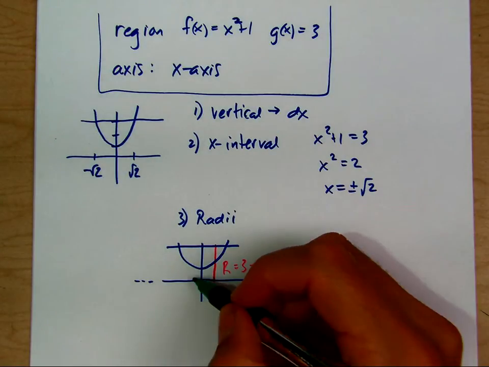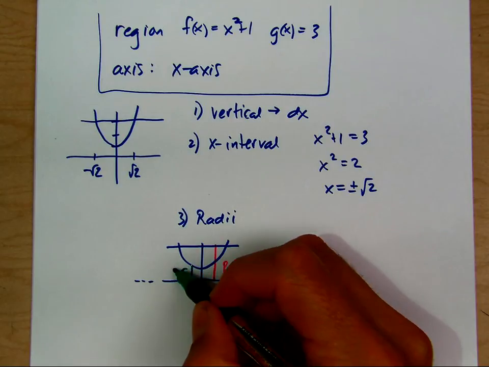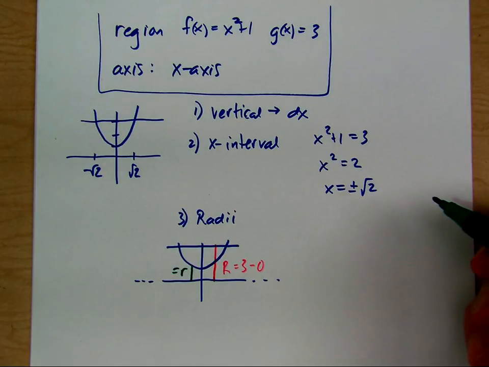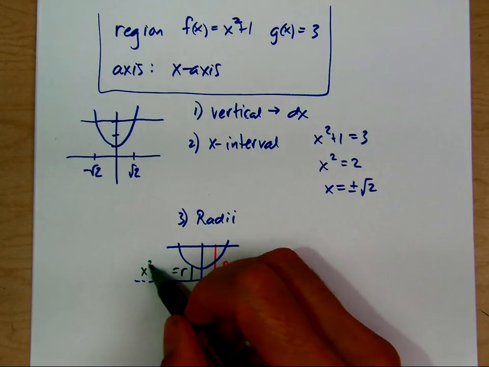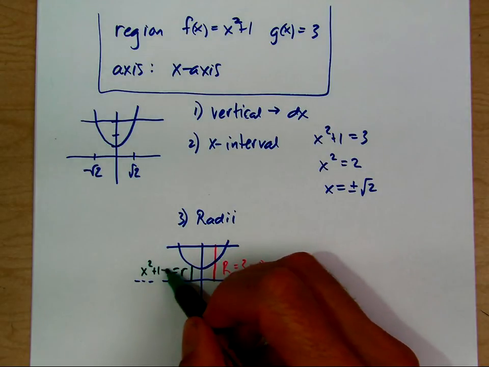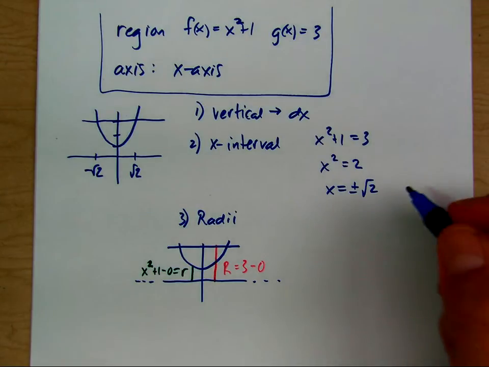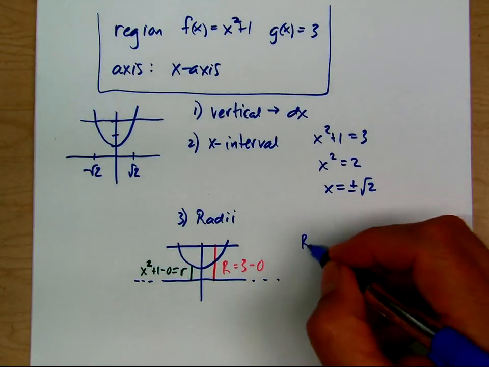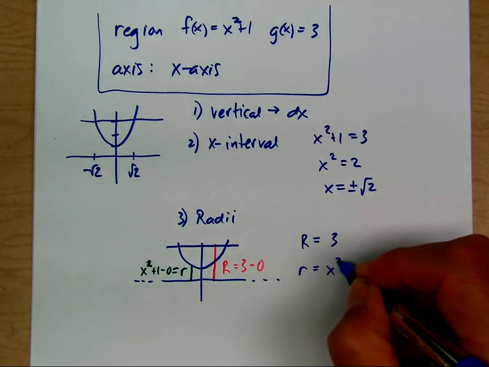The small radius, from the axis to the closest part of the region, small r, will be top, which is the parabola, x squared plus 1, minus 0, the x-axis. So we have big R is 3, little r is x squared plus 1.